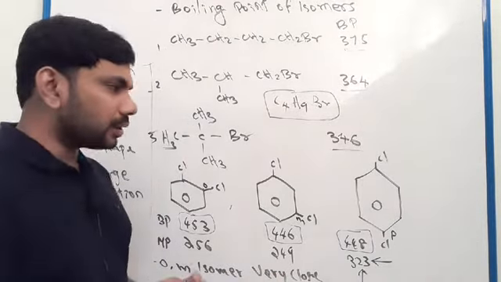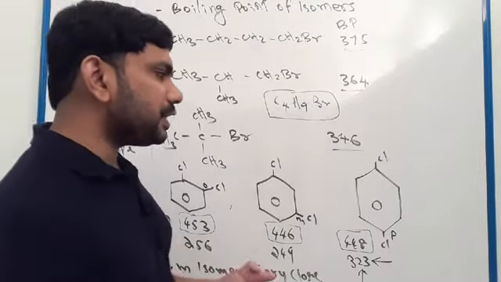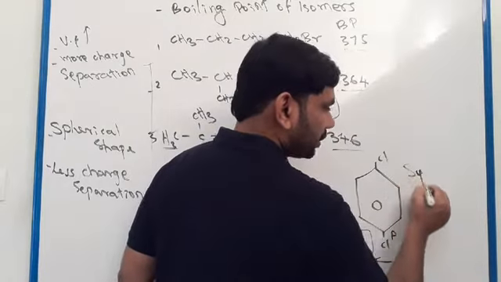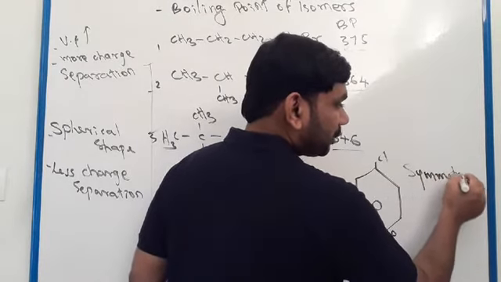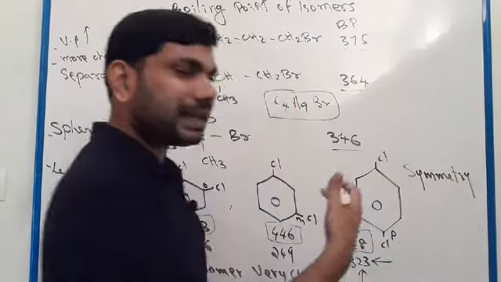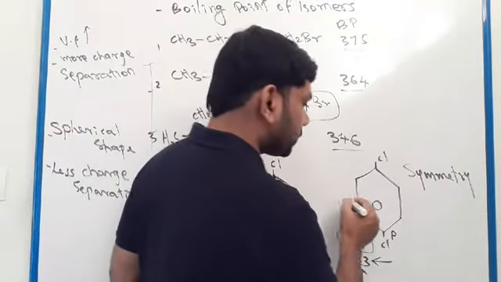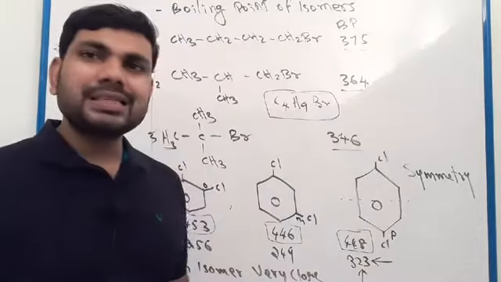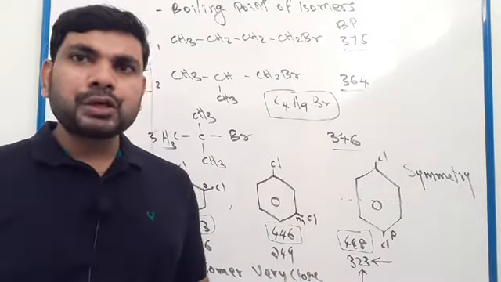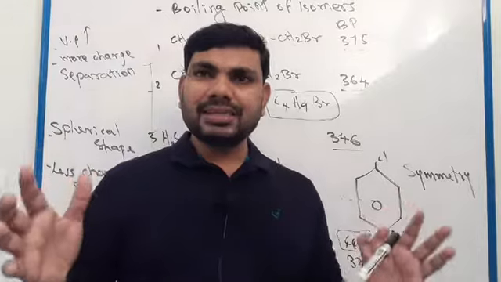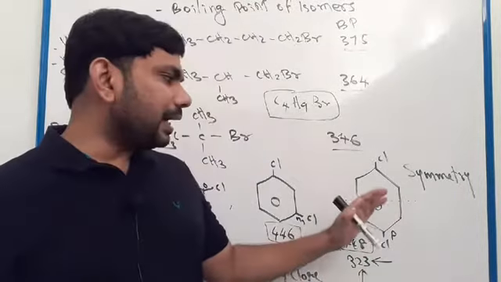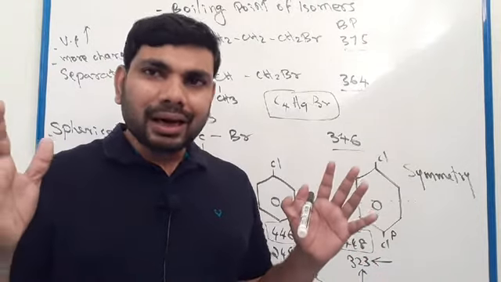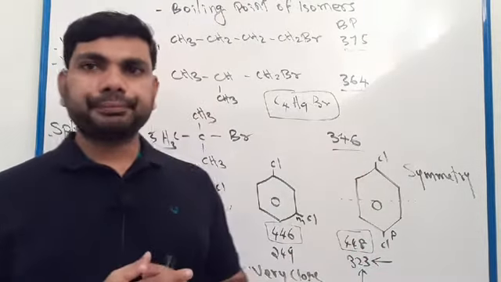The reason for this: the para isomer is symmetric in structure. They have symmetry. So this para isomer, in a given structure, can arrange very closely.